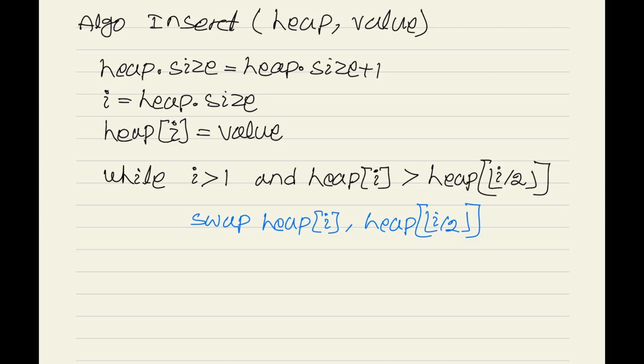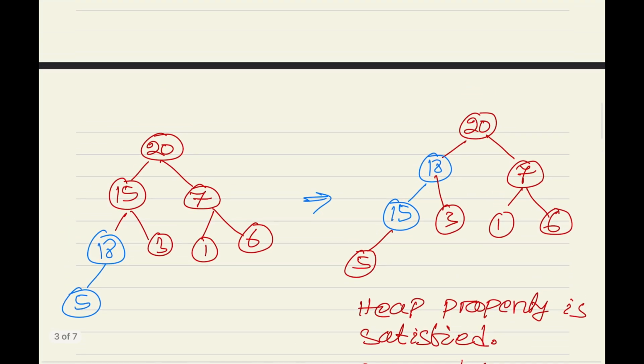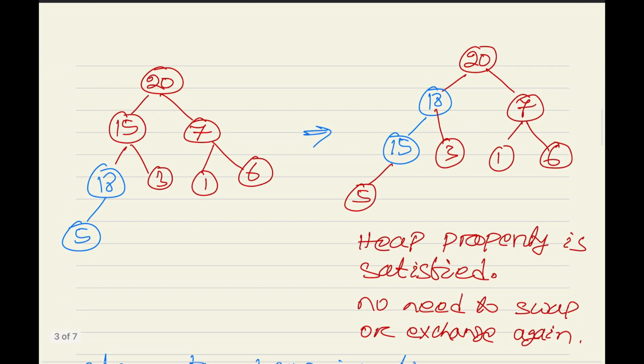Then again we have to check this with the new position of the value. So once we swap, here you can see the example. Once we swap here, then after swapping, again we have to check whether this value and this value are satisfied or not.